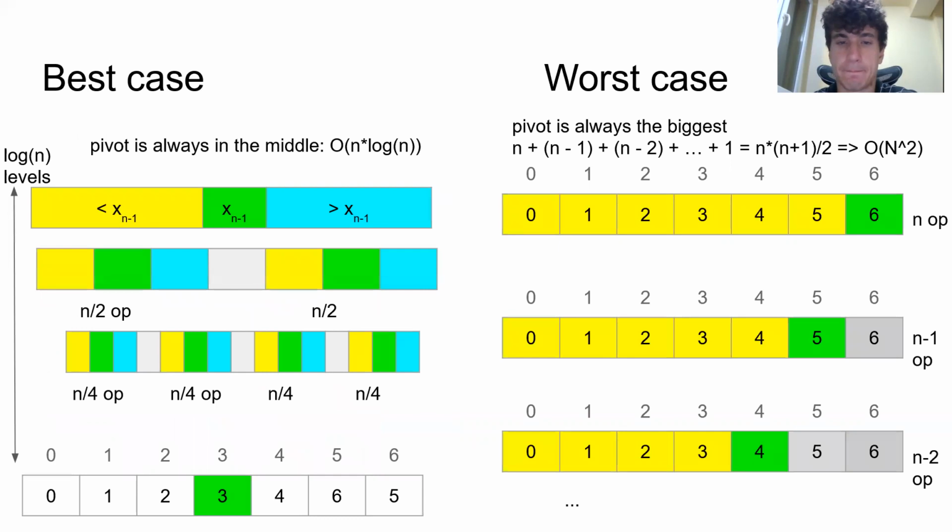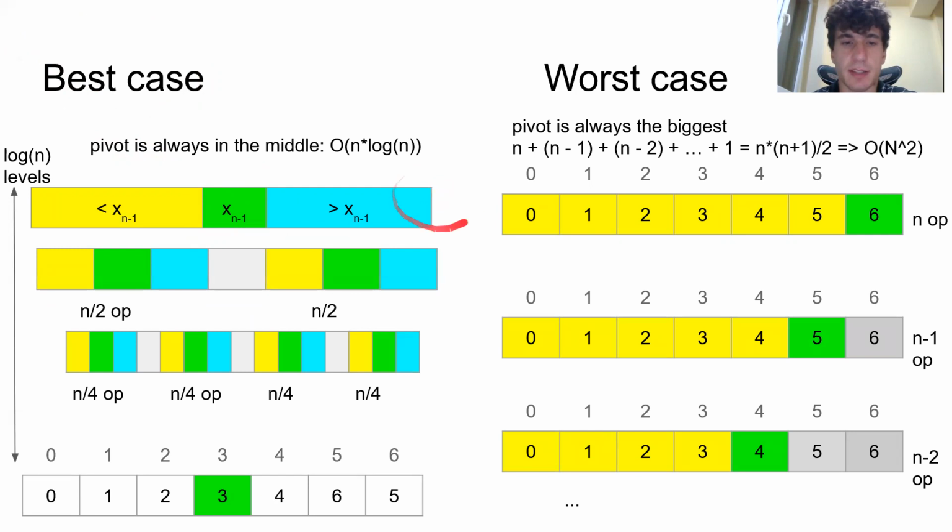Now, let's talk a little bit about the best and worst case for quicksort. I think there's too much color on this slide, but anyways, the best case happens when the pivot always gets to the middle.